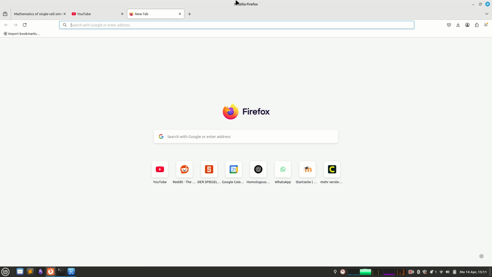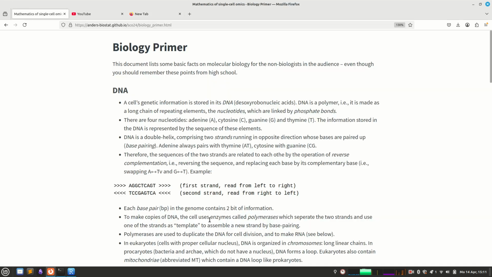Now, to start off, I made a couple of fact sheets, many of which you probably still remember from high school biology, but let's quickly go through them to make sure that we are all on the same page. So we start off with DNA, which stands for deoxyribonucleic acid, the famous double helix structure, which contains all the information in your cells.